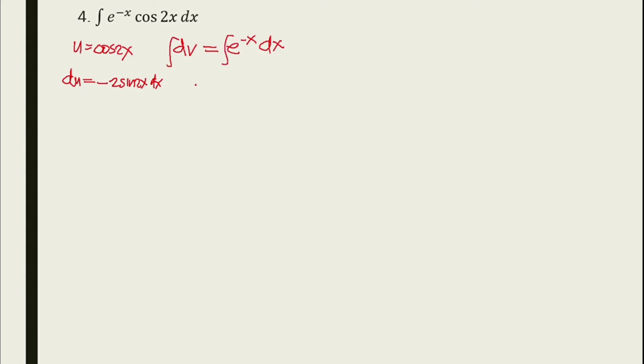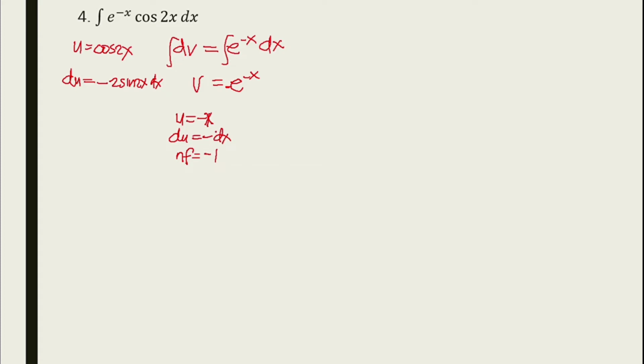So v is equal to e raised to negative x with a negative sign. Why is it negative? I will perform it here. Because we let u equal negative x, du is equal to negative dx, so therefore our coefficient here is negative 1.